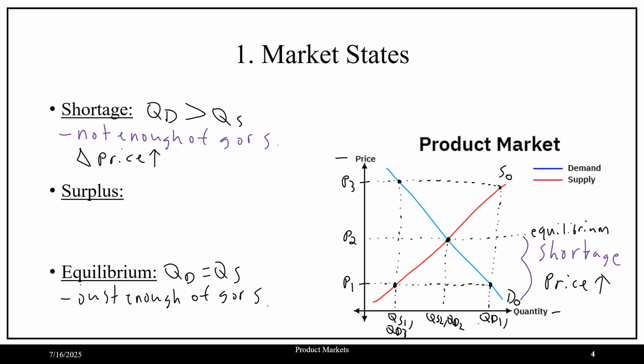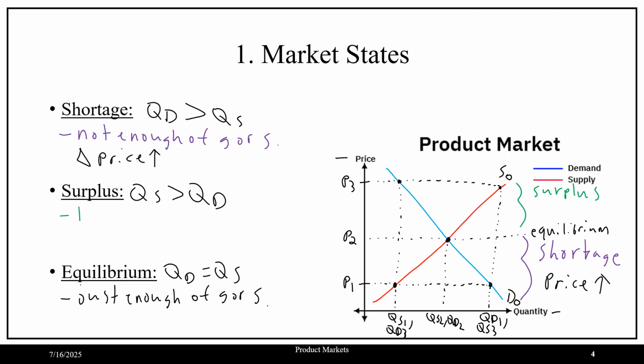But then we run into the supply curve where businesses are going to be offering a QS3 amount of their good or service. Well, in this case, the red supply curve is to the right of the blue demand curve. Here, we have quantity supplied is greater than quantity demanded. This gives us the opposite state of the world compared to a shortage. A shortage was when there wasn't enough of the item.